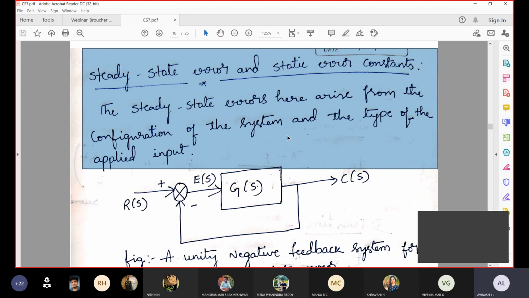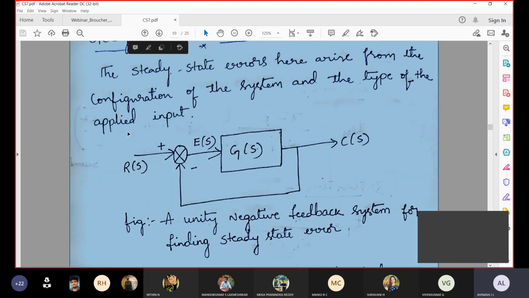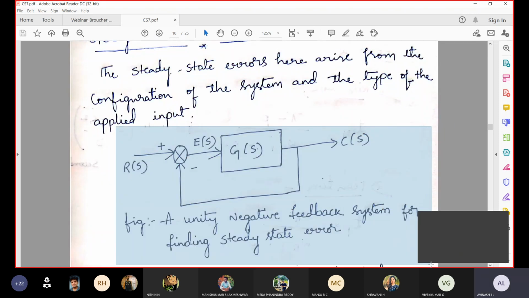Take this particular block diagram. This is a general feedback loop, what we have discussed in the earlier classes. Very simple.